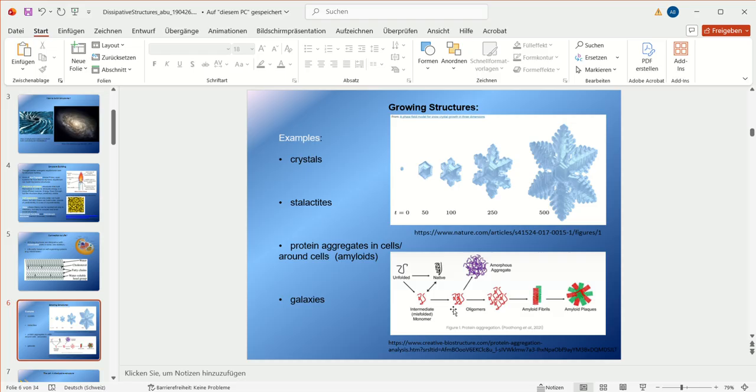First they will build oligomers, and then they will fall out because they're not soluble anymore. And then they can build fibrils, and they can also build plaques. And it doesn't have to do with the structure of the molecule, but with the structure of the aggregate. So it's quite similar to what happens in the snow crystal.